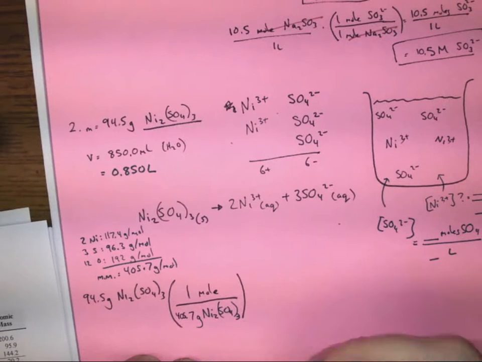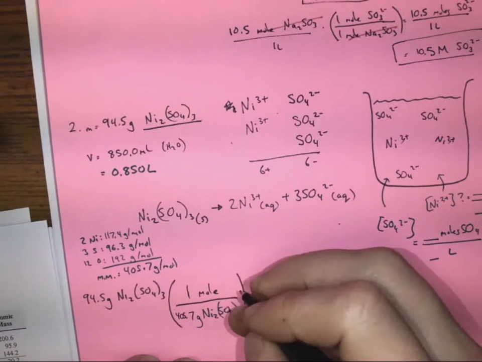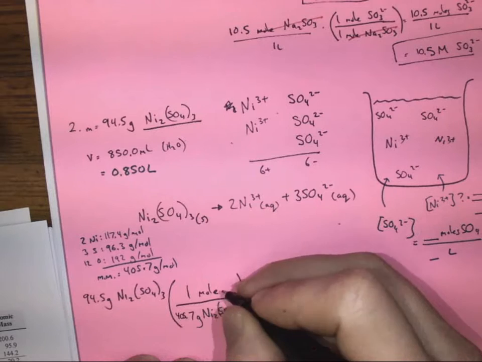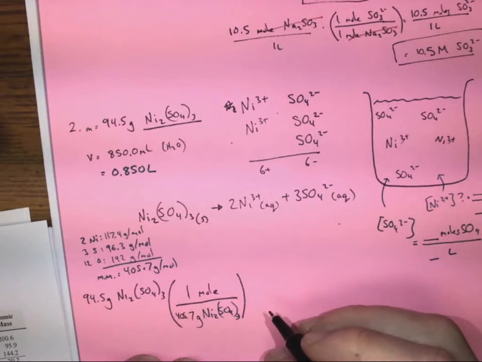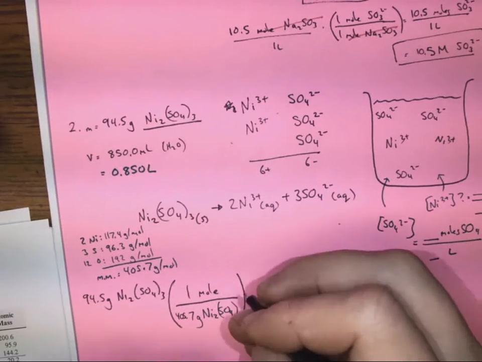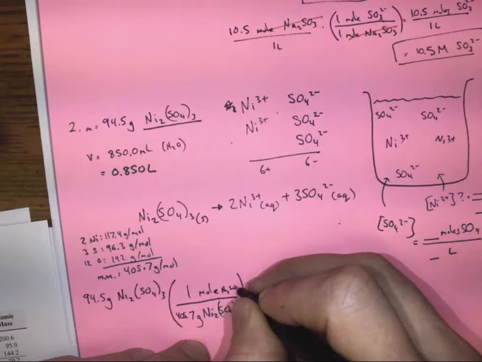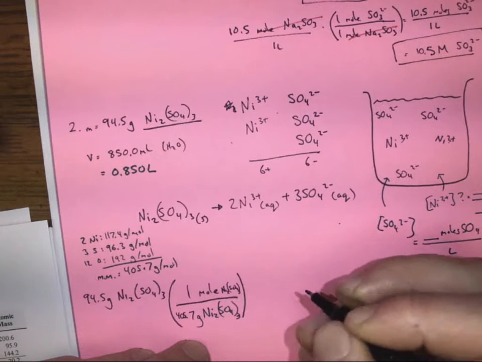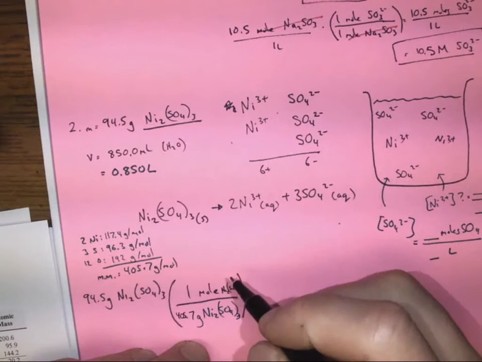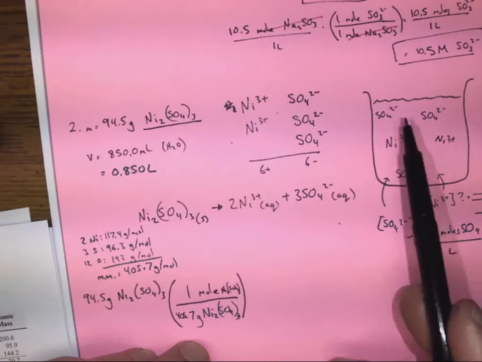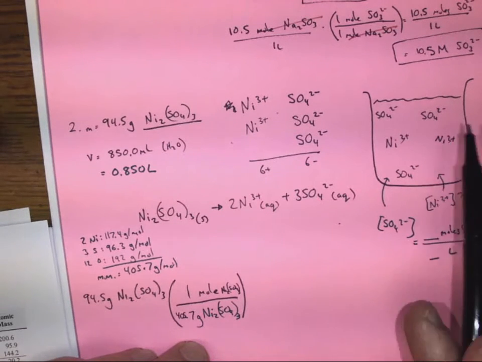And here I've converted into, I didn't really leave enough room, even though I had tons of room up here. That's frustrating. I'll just try and squeeze it in here, Ni2(SO4)3. And those are moles now of the nickel 3 sulfate. That's how many moles of nickel 3 sulfate were in here.